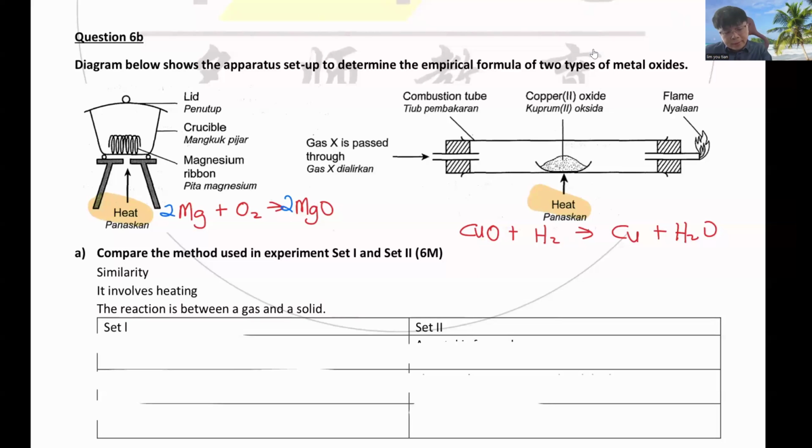Then the second one, both also involve heating a solid with a gas. They accept any logical answer, because magnesium and copper(II) oxide are solids. Then oxygen and hydrogen are gases. So both are a reaction between a gas and a solid.